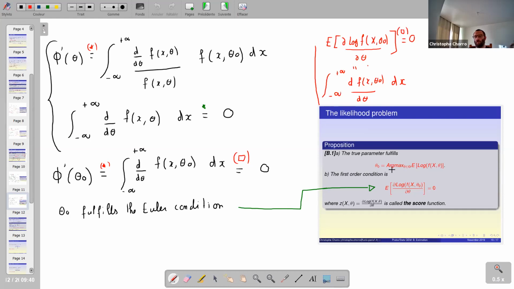If you want to check that you have a max or a min, you have to consider the second derivative. Computing the second derivative will just be the derivative of the derivative, that is this one.